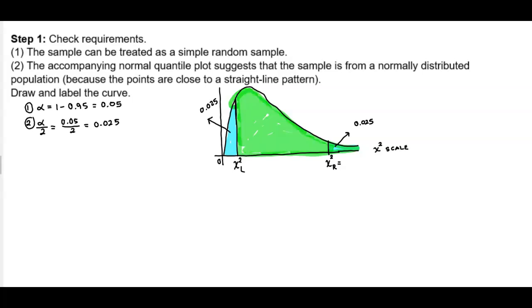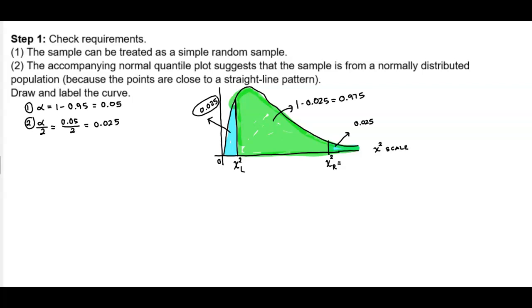So in order to do that, we take 1 and subtract what they have on the left, this 0.025, and that gives us 0.975.